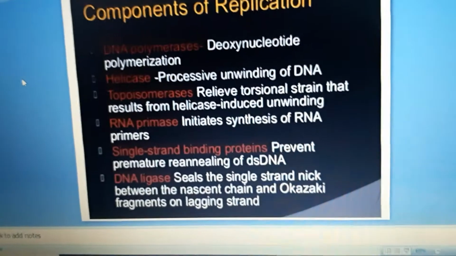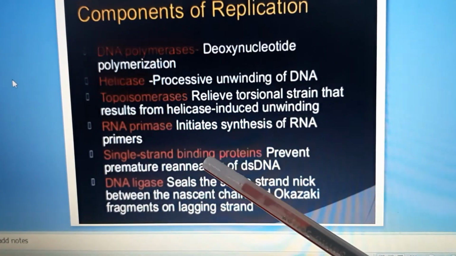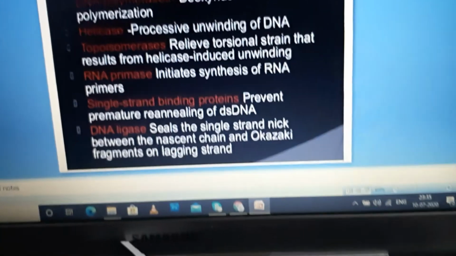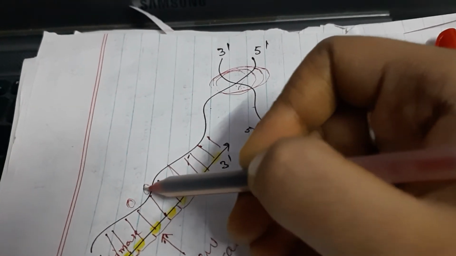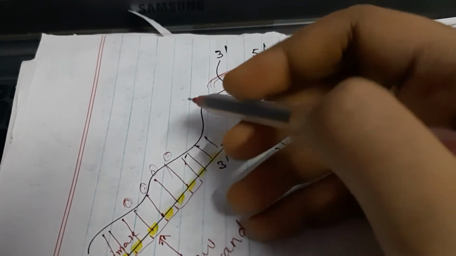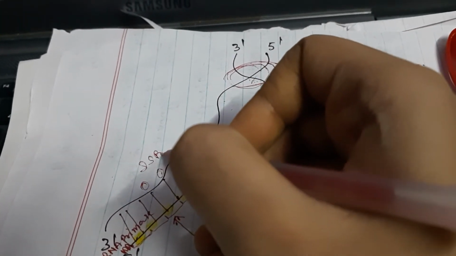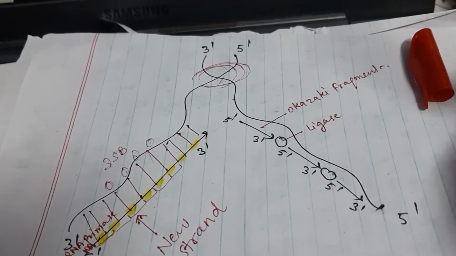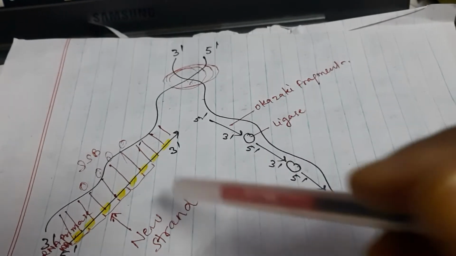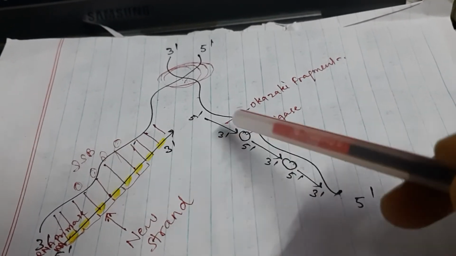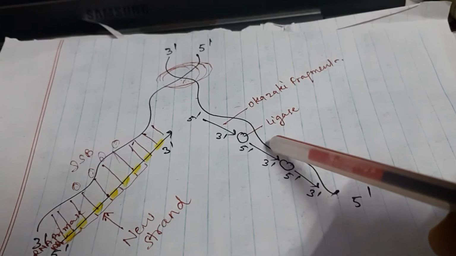We also have SSB protein. This is known as single strand binding protein. This single strand binding protein joins over here. These are SSB proteins. The working of SSB protein is to keep the parent DNA strands apart from each other.